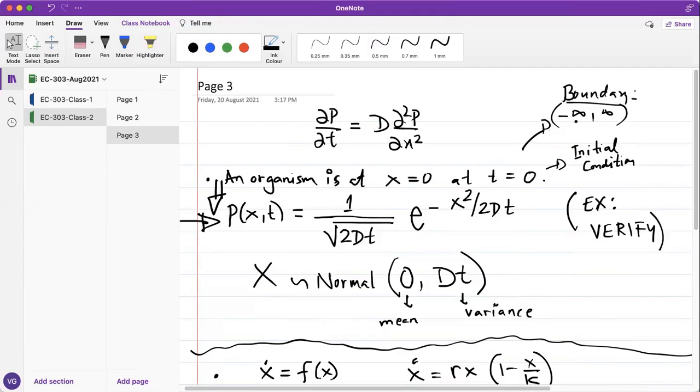Under that assumption, this is a valid solution. So you need both this initial condition and this boundary condition. Now imagine a different scenario with a fixed boundary, like an island. If an organism is moving on an island, let's say from the center, after distance L the island ends and the organism will just drop into the ocean.